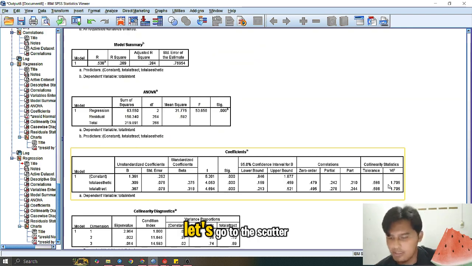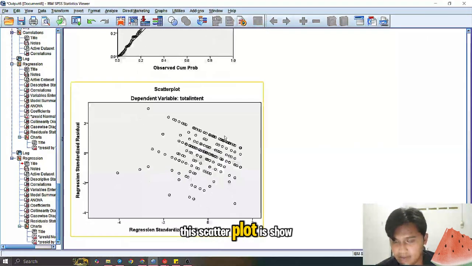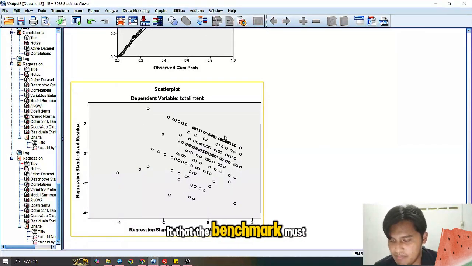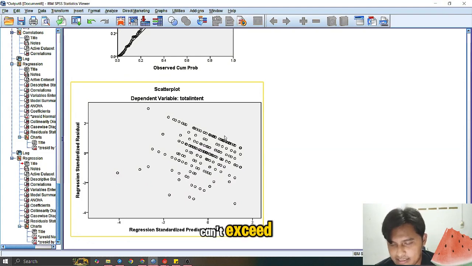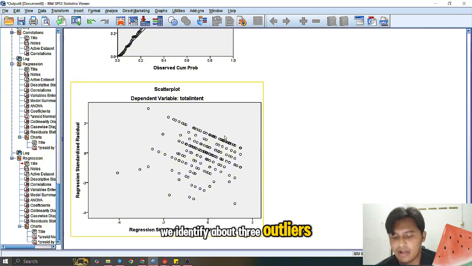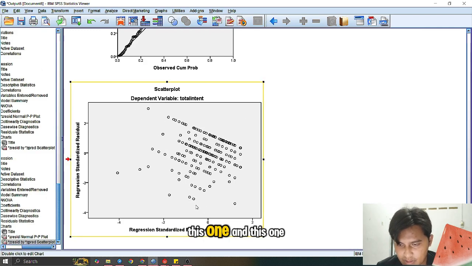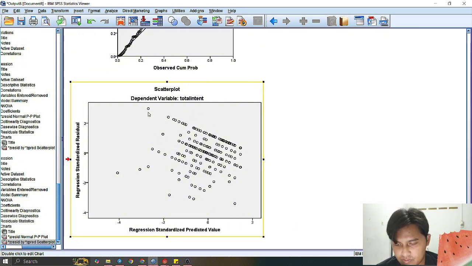And the next one, let's go to the scatter plot. This scatter plot shows that the benchmark can't exceed 3.3 and be no less than -3.3. Based on this scatter plot, we identify about 3 outliers, which is this one, this one, and this one, because these 3 exceed 3.3 or are less than -3.3.